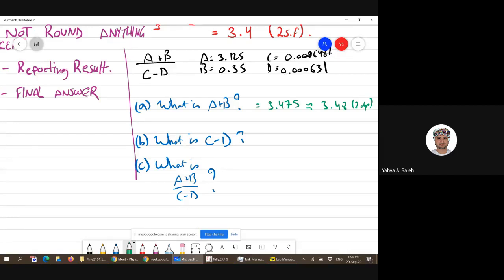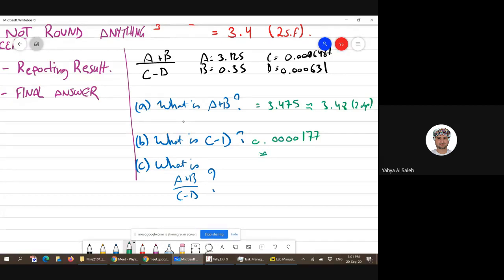And C minus D will be 0.000177, which rounded off, this has 7 and this has 6 decimal places.